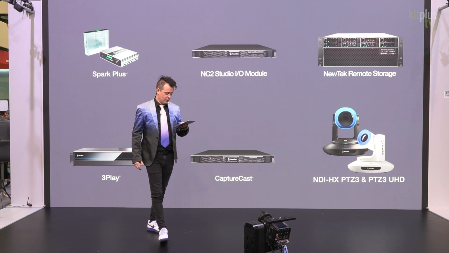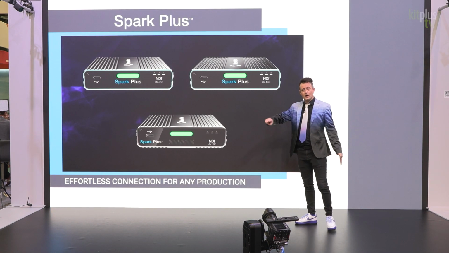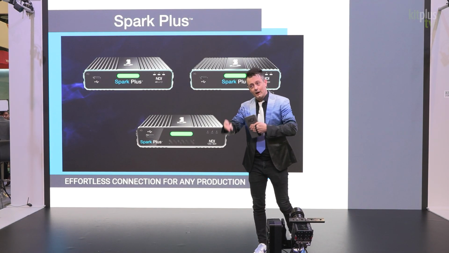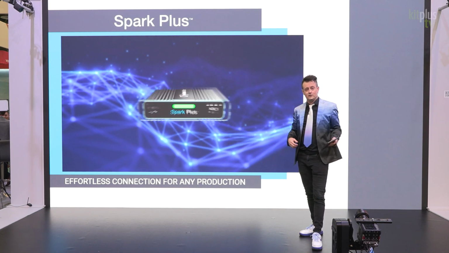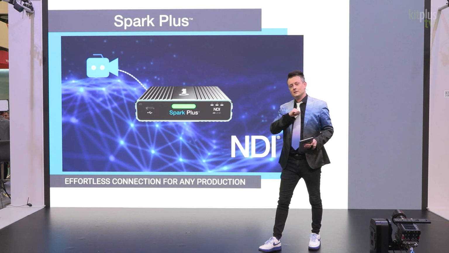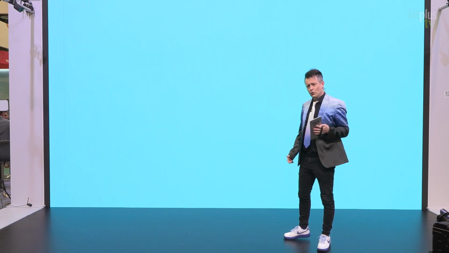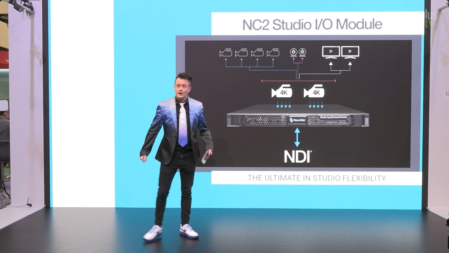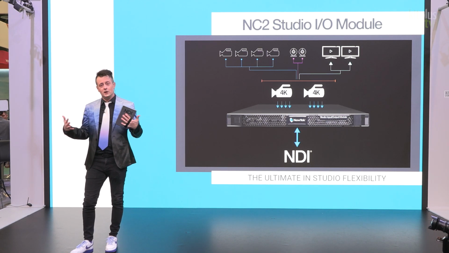So for that, we have the Spark Plus I/O devices, which will allow you to encode and decode HDMI and SDI signals into NDI and back again. So you can continue using your existing equipment, but at the same time get all the benefits of an IP-based workflow. And for more NDI capabilities, we have the NC2 Studio I/O module that lets you have 8 different sources for input, output, or a combination of both.